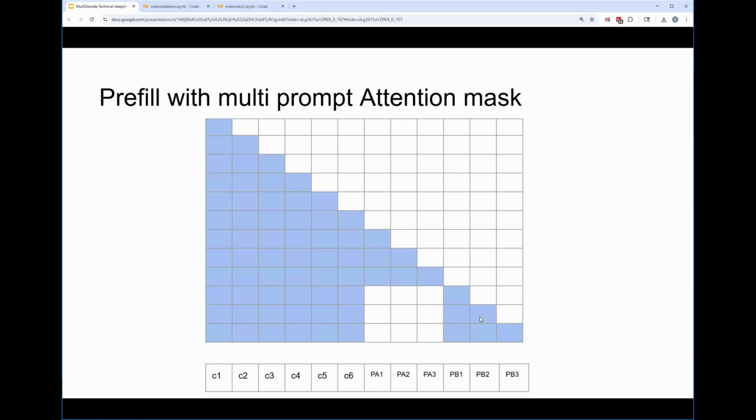Does that make sense? This looks different than you would normally see an attention mask. So I wanted to make sure people had a chance to understand that and ask questions.